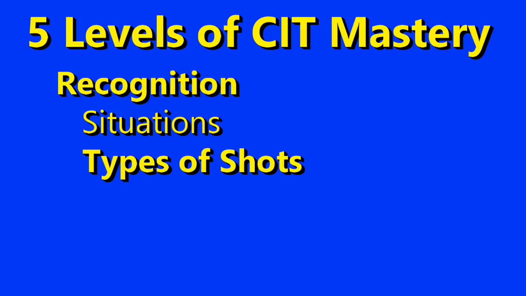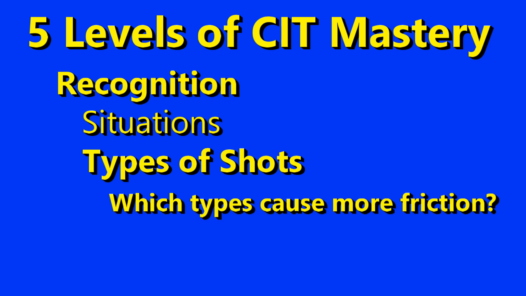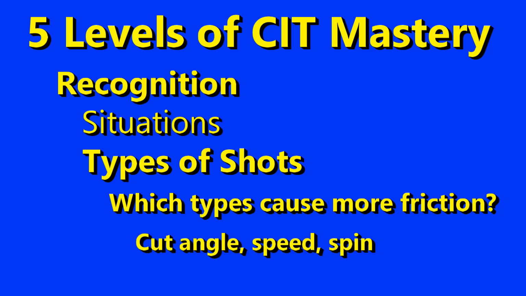In part 1 of this series, we learned that CIT causes a shot to go long. How much? Well, it's caused by friction, and how much depends on how much friction. And friction is affected by the cut angle, the collision speed, and any spin on the cue ball.